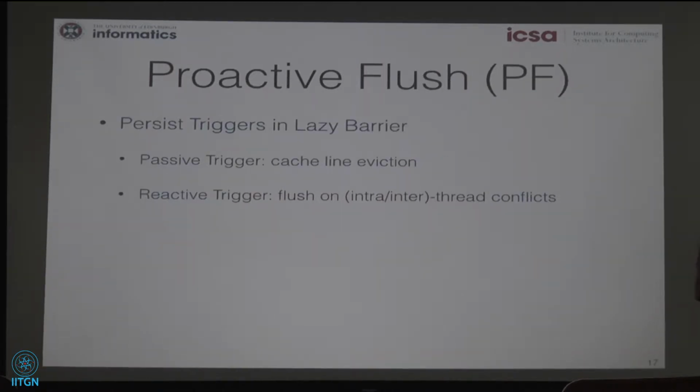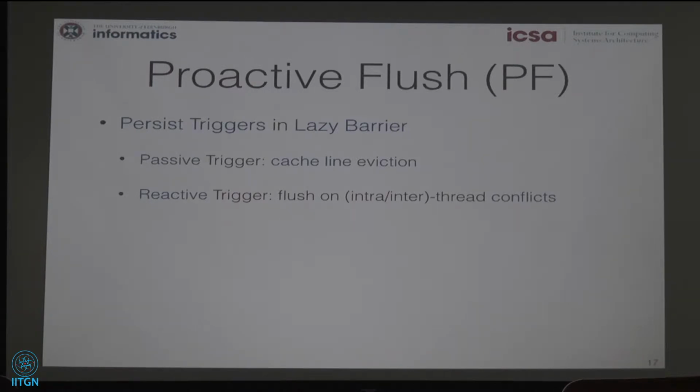And in order to overcome this, we have proposed something known as a proactive flush. Now, if you look at persist triggers in the lazy barrier implementation that we saw previously, it's either a passive trigger, which is random cache line evictions happening in the relevant epoch order, or it's a reactive trigger, which is whenever you encounter a conflict, that is when you start flushing cache lines to NVM.